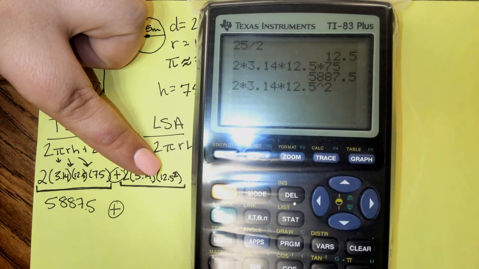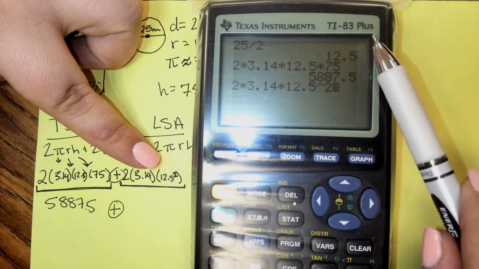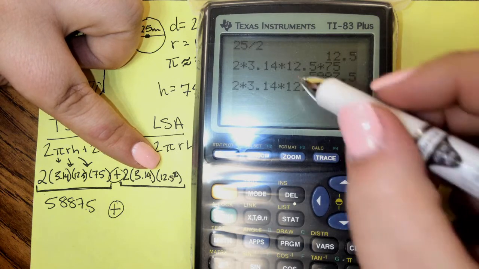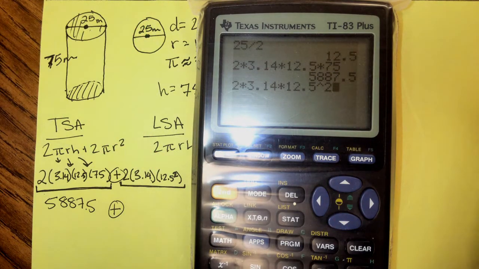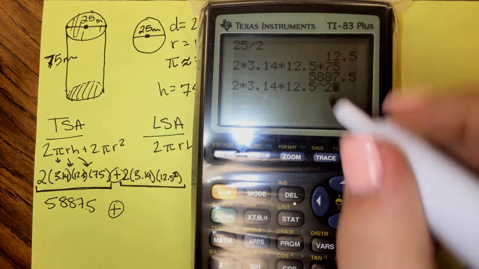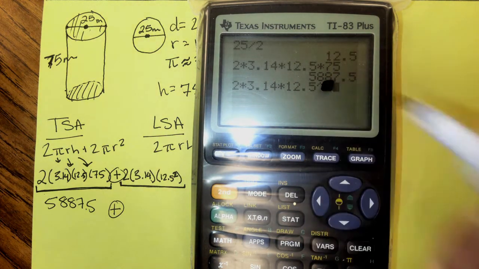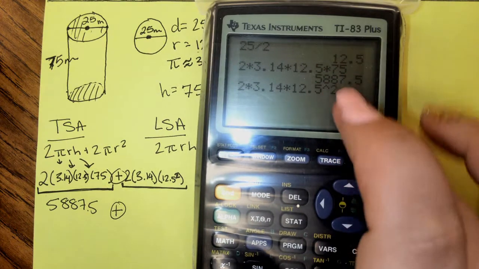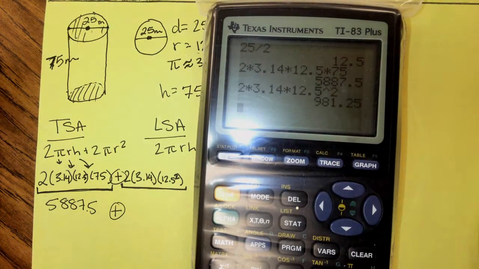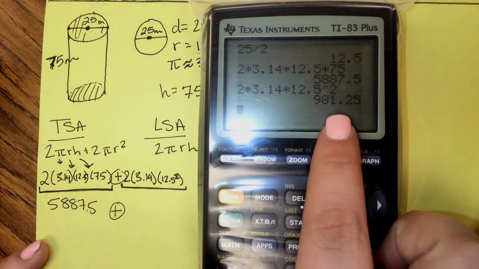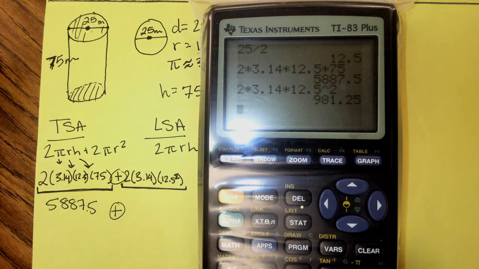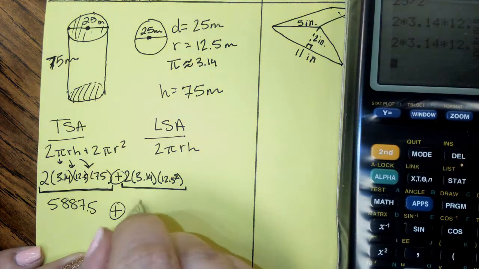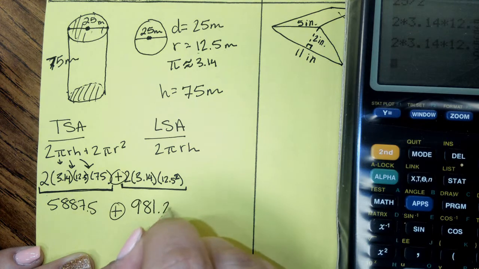I like that because on the calculators I have you use in class, the TI-84, once you use the caret top, you get a little blinking box where the exponent would go. And you can type in 2 and it looks just like the problem on your page. After we type all of that in, we get 981 and a quarter, 981 and 25 hundredths.